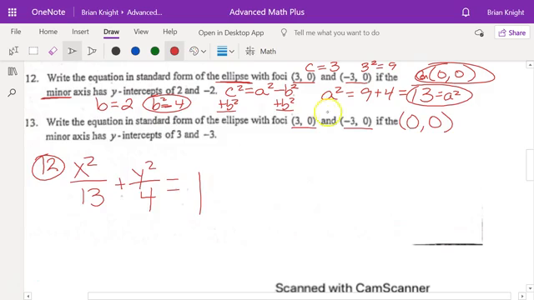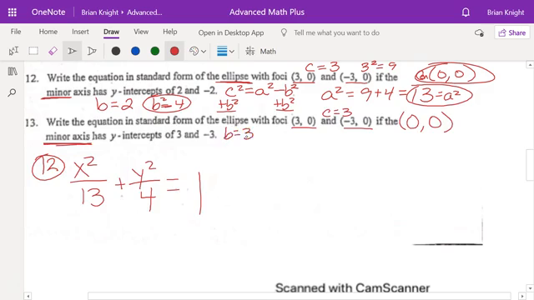That's how we're getting C. Same exact process. Basically, they just have different numbers. Minor axis, y-intercepts of 3 and negative 3. So what letter does that tell me? B. Because again, it says minor axis. If it said major, it would be A. So B also equals 3 this time.